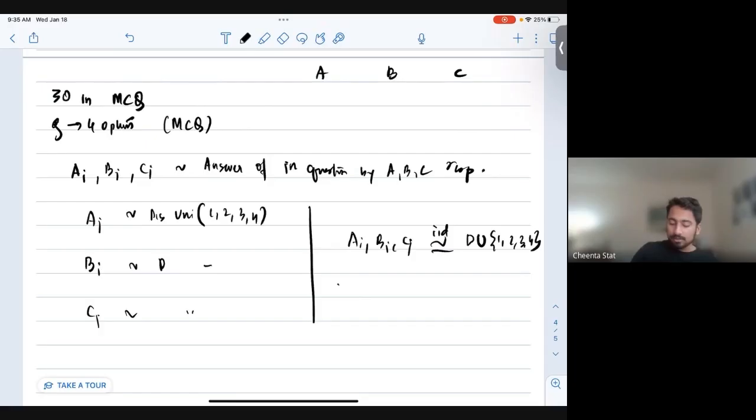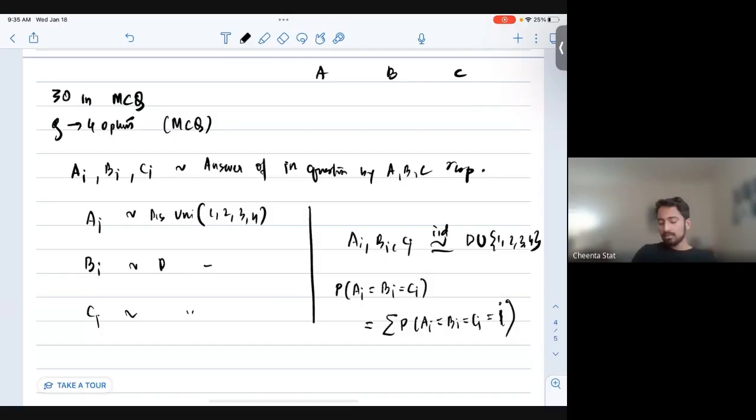So the probability that Ai equals Bi equals Ci is nothing but the sum of the probability that Ai, Bi, Ci are all equal to one of the options, since they're answering randomly. Let's say j from 1 to 4.